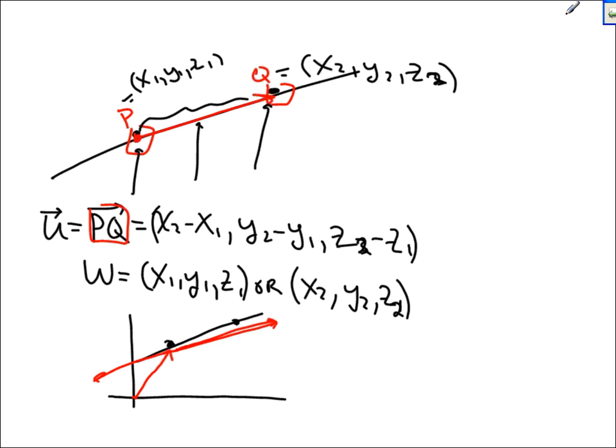Or it can go like this. Here's point P, and here's point Q, and there's the line. You can first go out to point Q, and then from point Q, add on vector U. Either way, you get the same line.